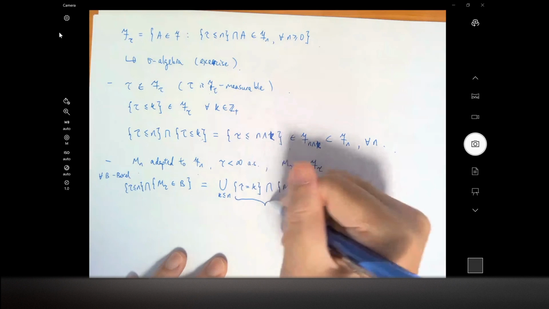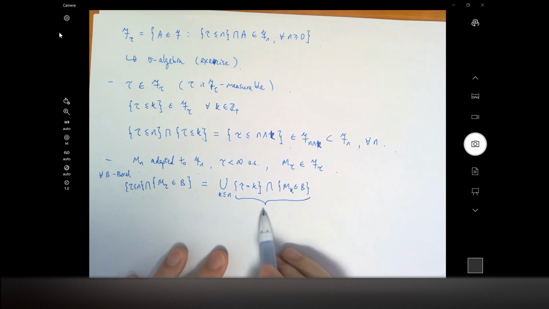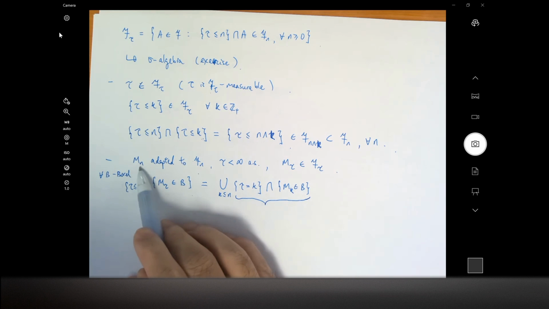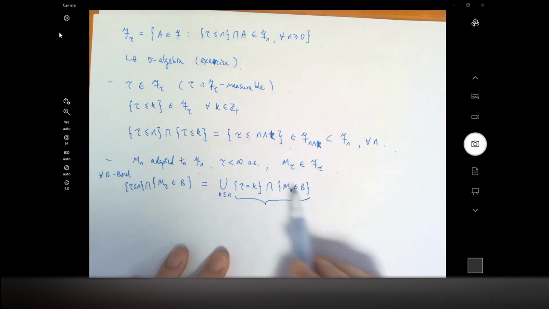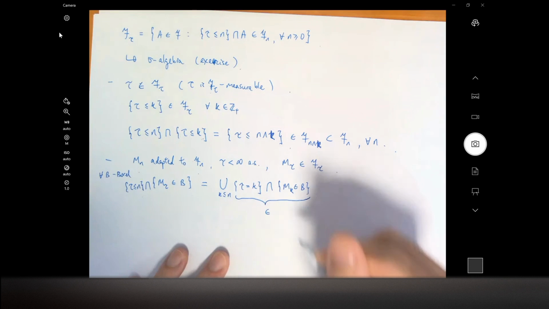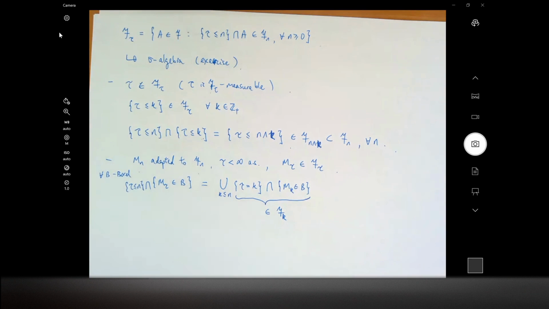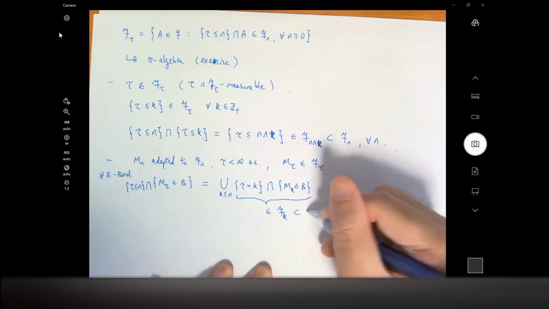If you look at whatever is inside here, the event tau equals k is inside F_k, and M_k inside this Borel set, since we assume M_k is F_k measurable, is also inside F_k. So the intersection of these two events is inside F_k because it's a sigma algebra. And of course my k is smaller or equal to n, and this is a filtration, so this is inside F_n.